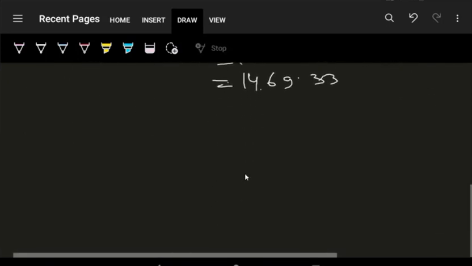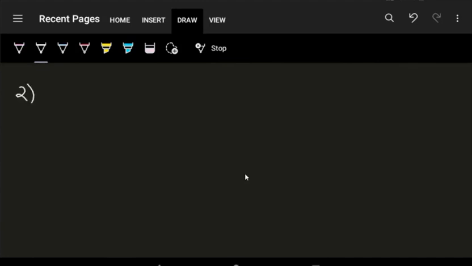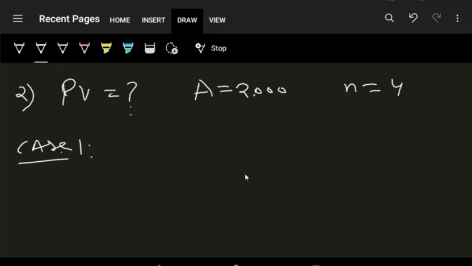Now in the second part of the question there are again 3 cases, but we want to calculate the present value of 2000. The accumulated amount is 2000 here and n is 4. So in case 1, a simple interest rate is given at the rate of 3% per annum.